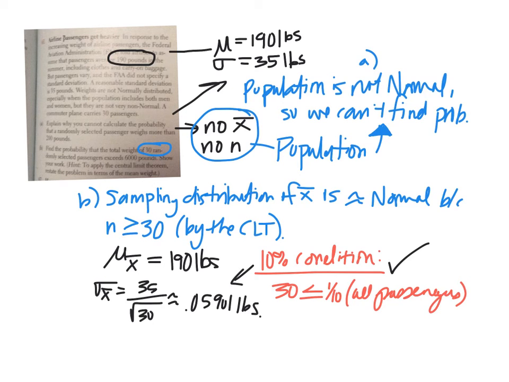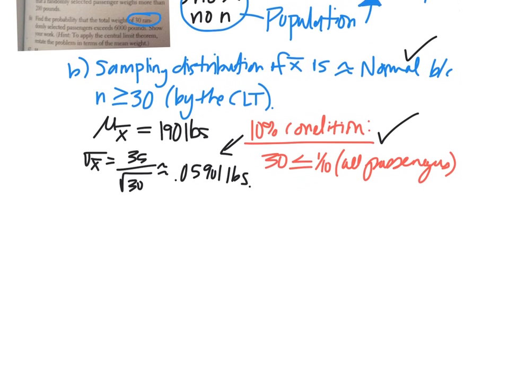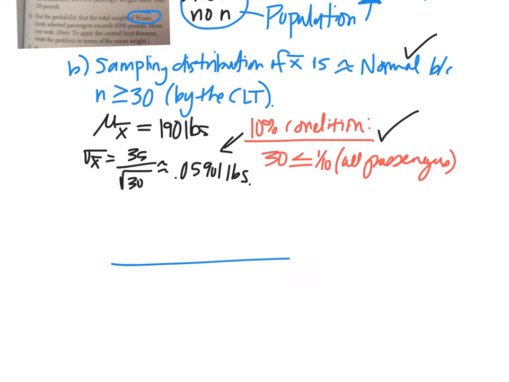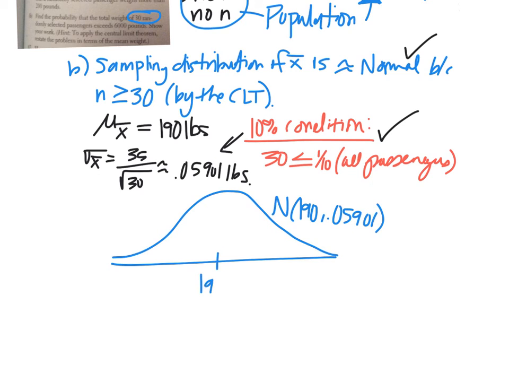Now, I have stated that it's normal. I have found the 10% condition, and now I have the mean and the standard deviation, so I can actually do a calculation. So all that stuff combined allows me to do this properly. Now we might actually need to think for a second here. If I go back to the question, it said, find the probability that the total weight exceeds 6,000 pounds.